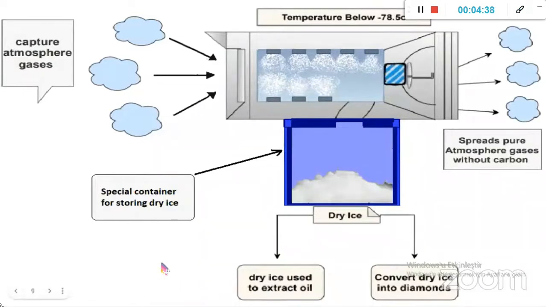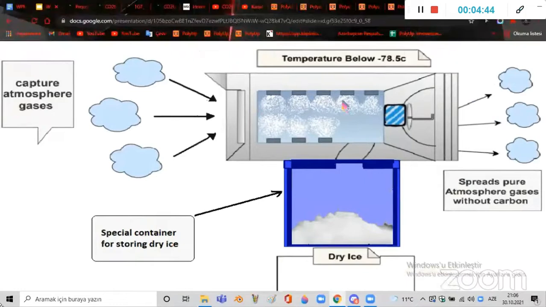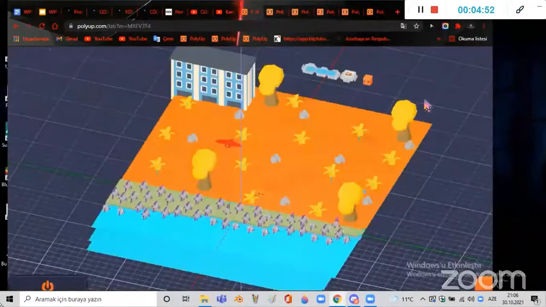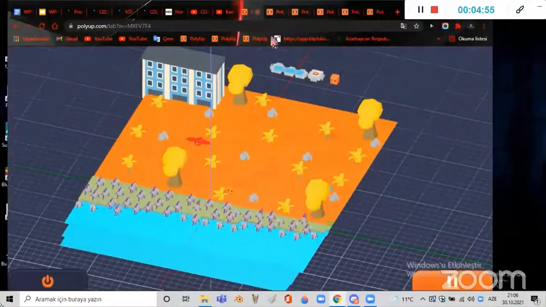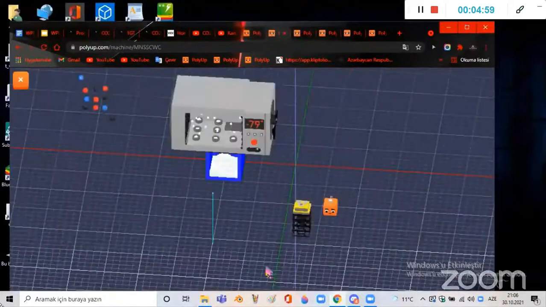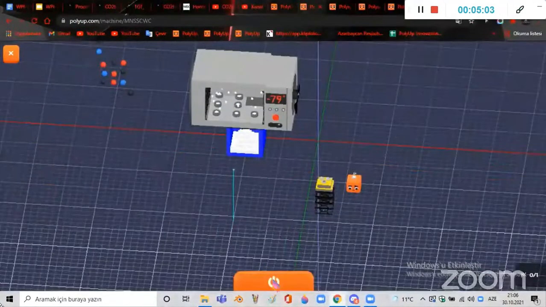Let's look at the simulation of this device. Carbon dioxide to diamond device, simulations.